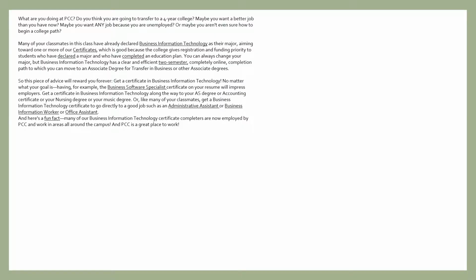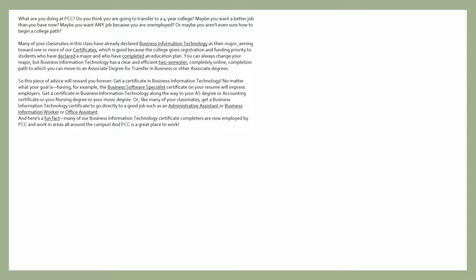What are you doing at PCC? Do you think you're going to transfer to a four-year college? Maybe you just want a better job than you have now. Maybe you want any job because you're unemployed, or maybe you aren't even sure how to begin a college path.